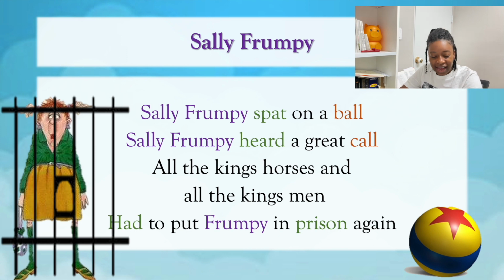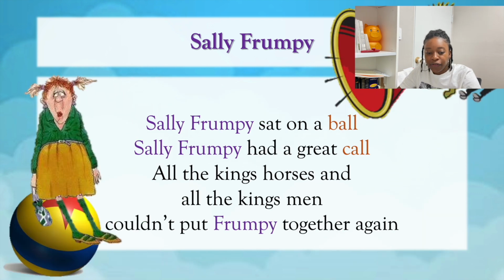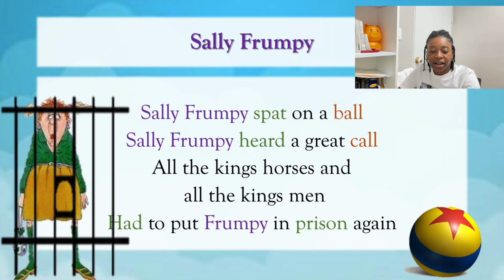All right, so then I changed some of the verbs in there, some of what she did. So before we had sat, had, and I think together, and I changed sat to spat and had to heard, and then I changed together to prison to make it make sense with what's happening in the song. So this is how it goes.